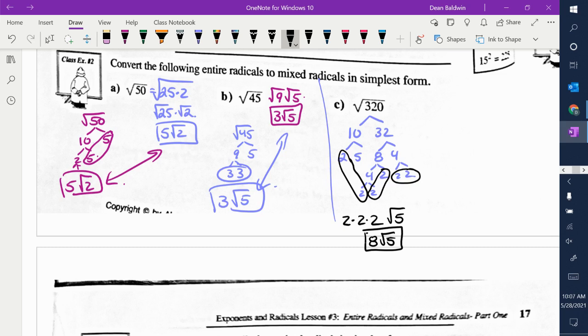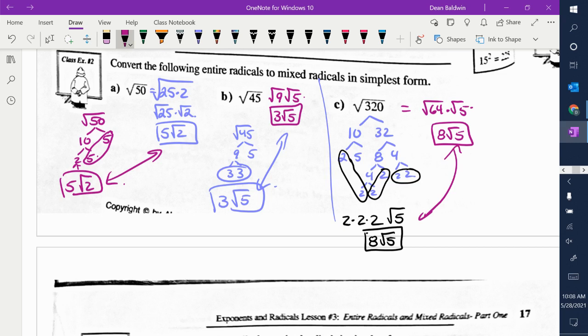If you don't want to do the factor tree method, and you want to use a perfect square, 64 and 5 give you 320. What's the square root of 64? 8. So it's much faster to do it that way.